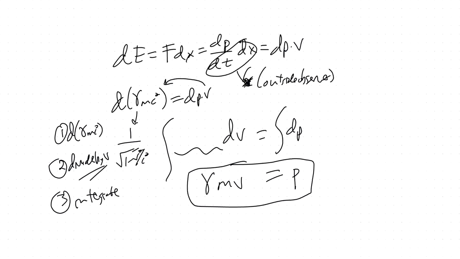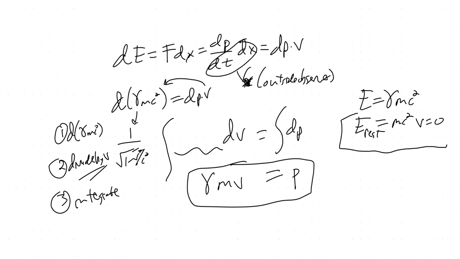So you get that E equals gamma mc squared, which is going to be E equals mc squared when something's not moving. So we call it the rest energy, and we call this the rest mass, right? So anything just sitting there, if I plug in v equals 0, gamma equals 1.